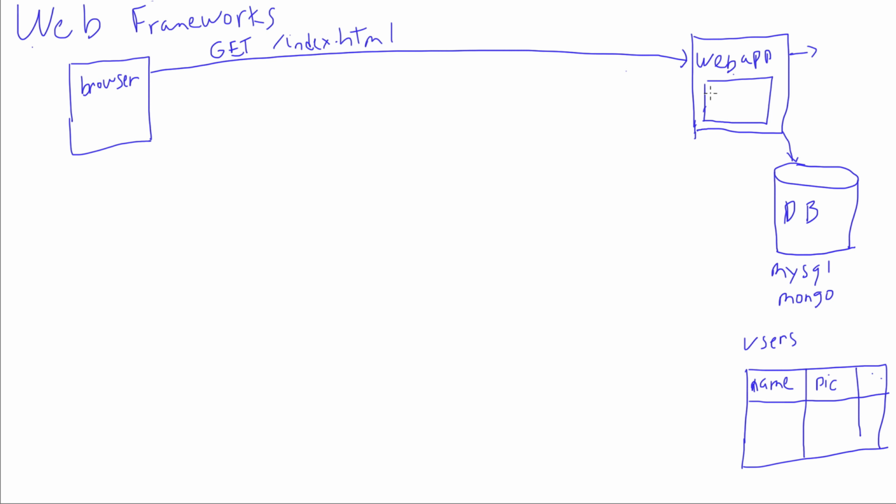How are you going to do that? The old-fashioned way would be to write some SQL code, if you're doing SQL, which goes to the database and fetches the particular user as a big string or a big object, and then you take that big string or object and parse it out into a user object.